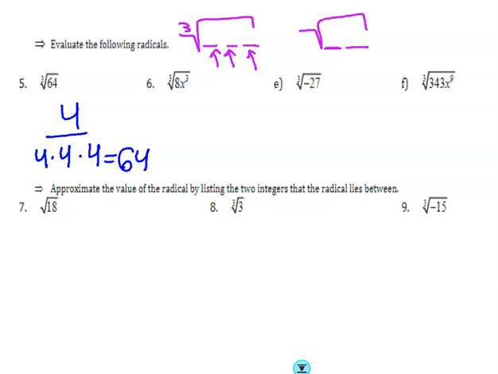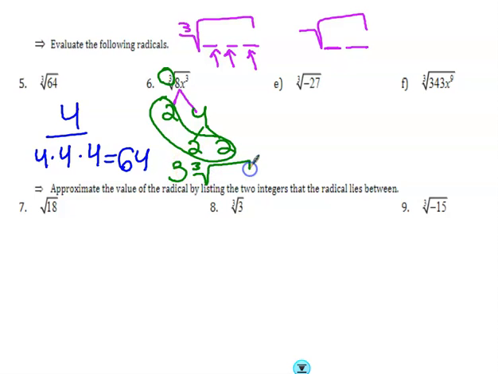So what numbers go into 8 when we're multiplying, okay? So I know 2 times 4 equals 8, all right? And if I broke apart the 4, that would also be 2 times 2, which equals 4. Well, if you notice, I get a group of 3 because it's a cube root. So if I have a group of 3, they can come out of the radical house and I put it right there. And then I have a little cube root right there.